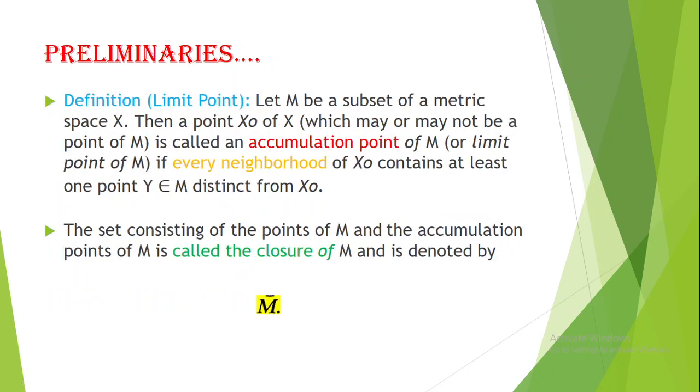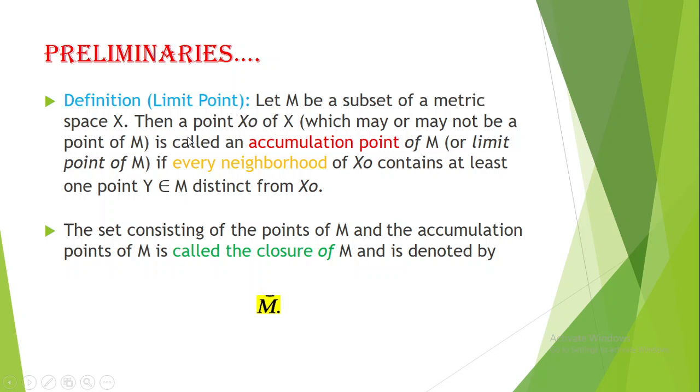Now we will define a limit point. We have a subset M of a metric space X, and a point x naught of X which may or may not be a point of M. It is not necessary that M contains x naught.